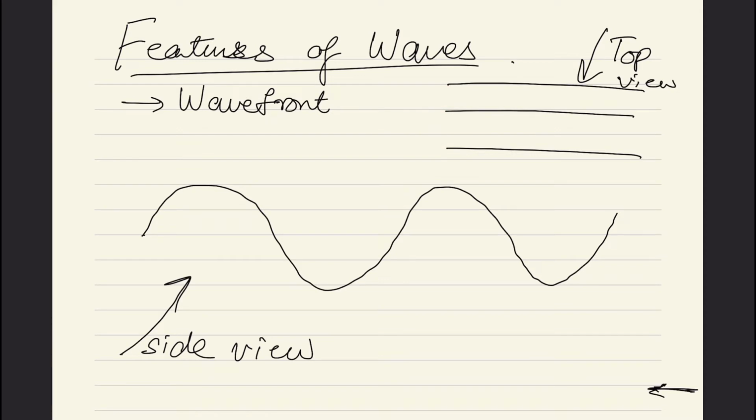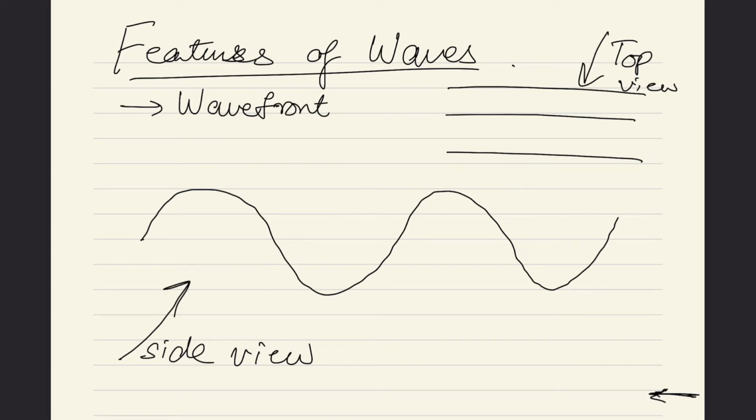In other words, the tops or the peaks of the wave are the wave fronts. Whenever we see the wave from the top, these lines will represent the peaks, and the region exactly in between these lines will represent these lower peaks. We'll discuss the top peaks and lower peaks in the next features.